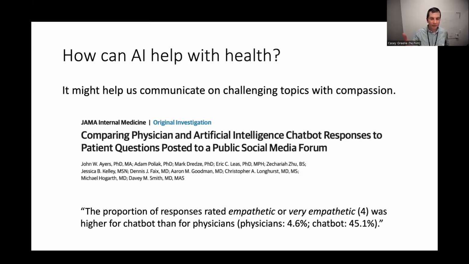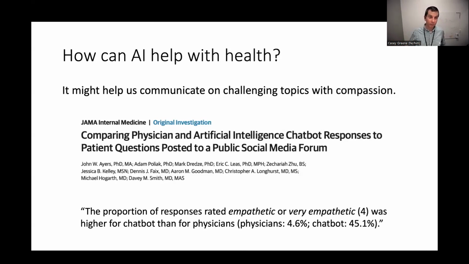And then they asked individuals to rate whether those responses were very empathetic, somewhat empathetic, or not empathetic. And it was really interesting that the proportion of responses rated empathetic or very empathetic was about 45% for the chatbot and 4.6% for the physicians.